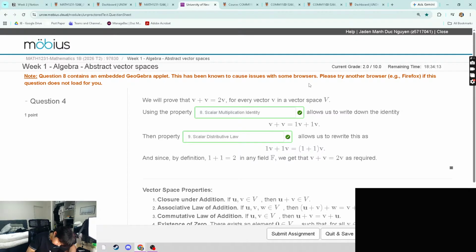Okay, then vector v plus vector v is equal to 1 times vector v plus 1 times vector v, and this is axiom 8. And then 1v plus 1v is equal to 1 plus 1 times v by axiom 9.